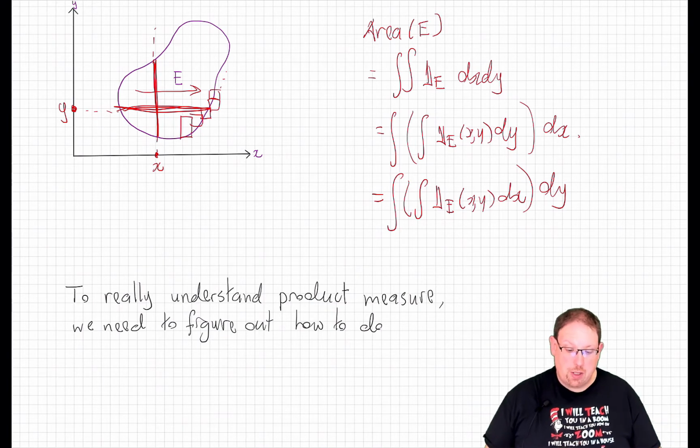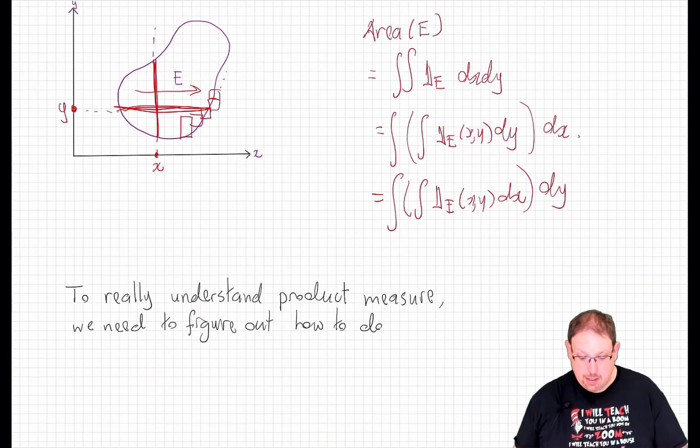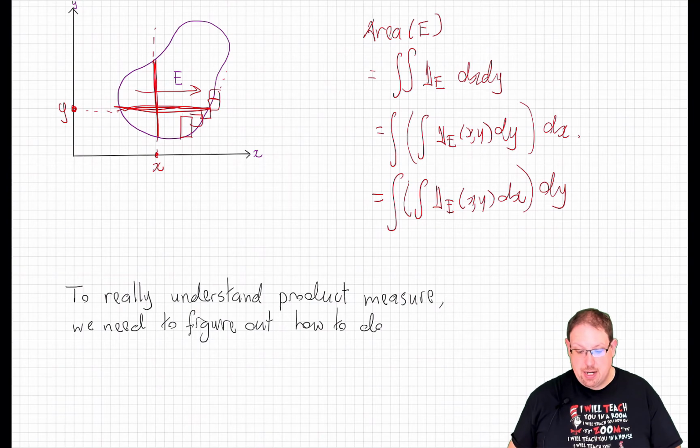Well, that's of course relying on an important theorem, that we can evaluate double integrals as iterated integrals for Riemann integration theory. In any case, that's the right way to compute an area like this, and it's going to be the right way to define product measure in general, at least in the sigma finite case where all of this will make sense.